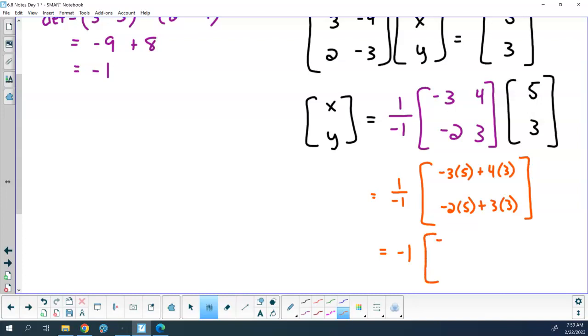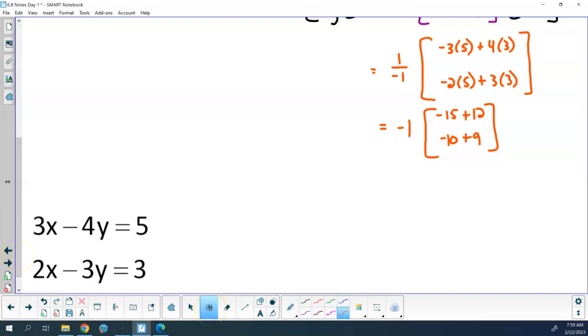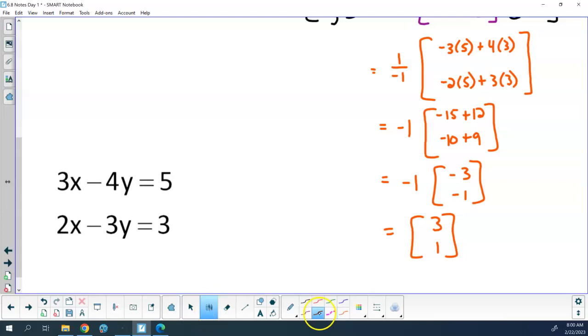That's going to be negative 15 plus 12, negative 10 plus 9. Negative 15 plus 12 is negative 3. Negative 10 plus 9 is negative 1. Multiply the negative 1 in, gives me 3 and 1. So my suspected answer then is going to be the point 3, comma 1.